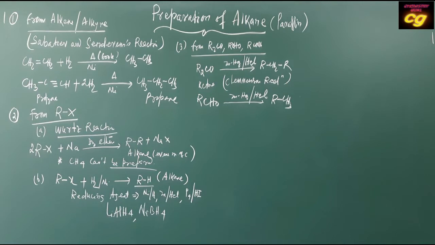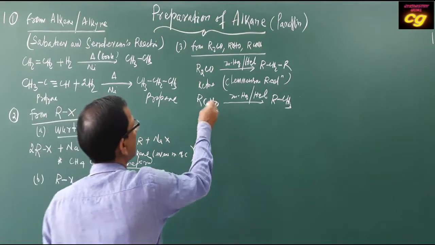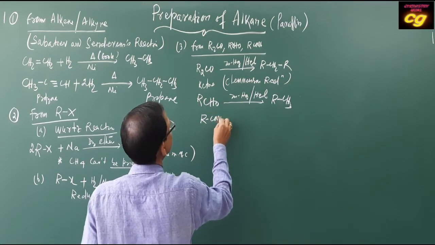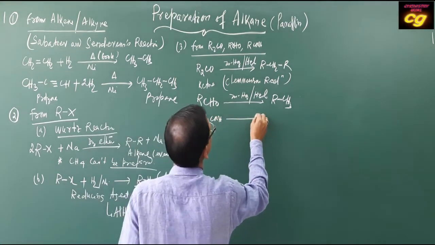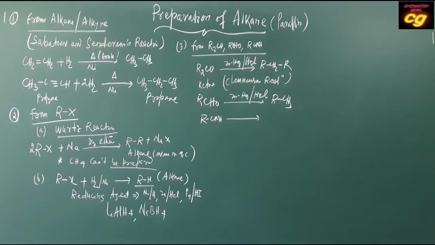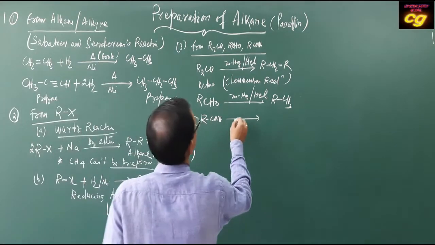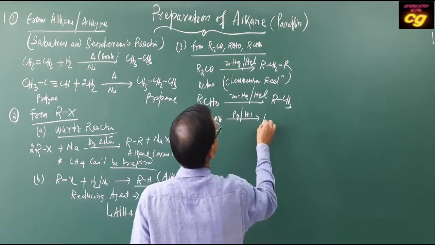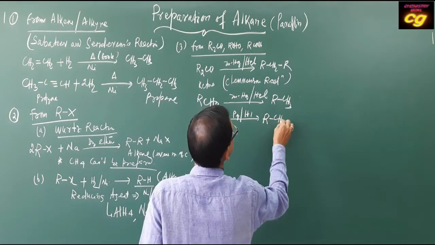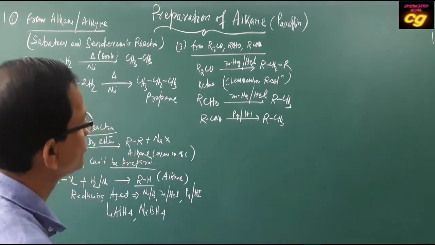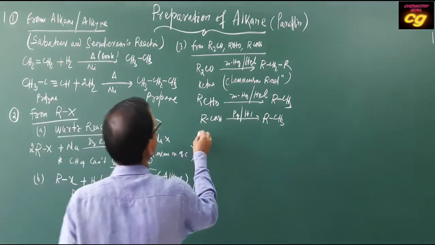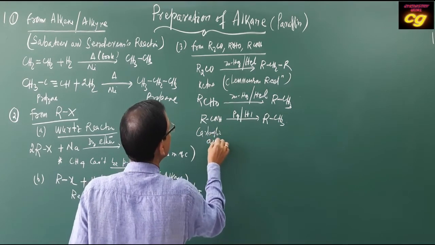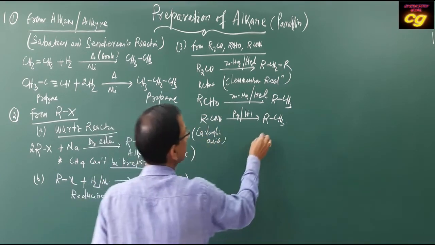From acid also you can prepare alkane. RCOOH, when reduced with P4 and HI, gives the product RCH3, which is also alkane. This is your carboxylic acid becoming alkane.